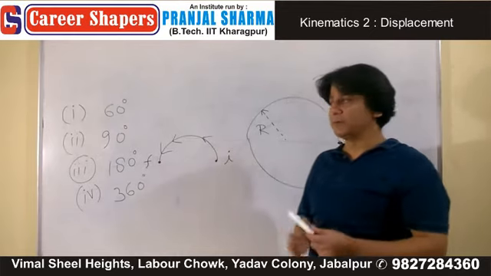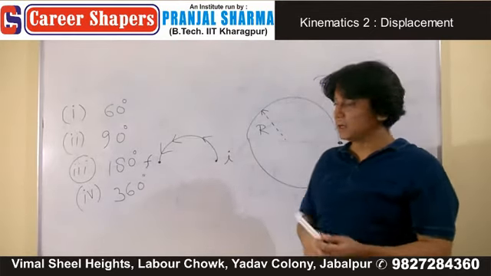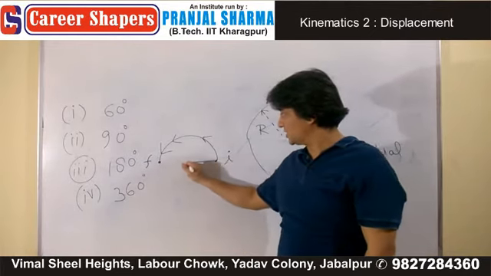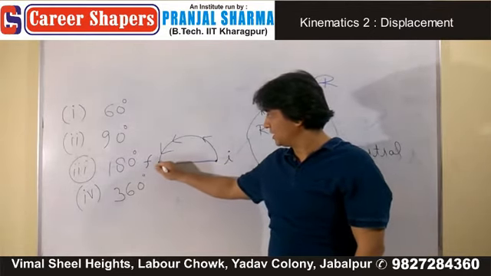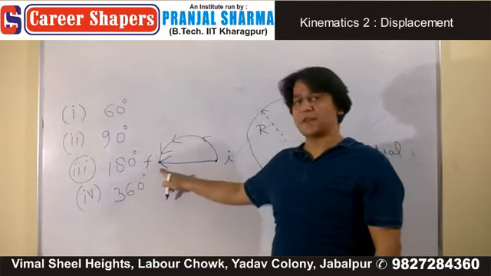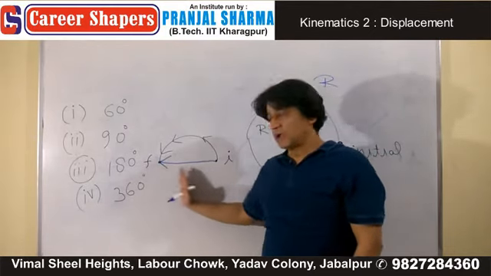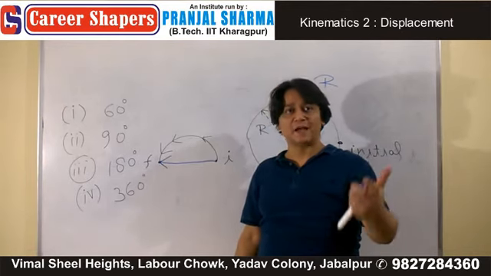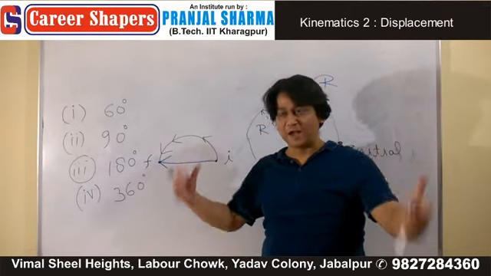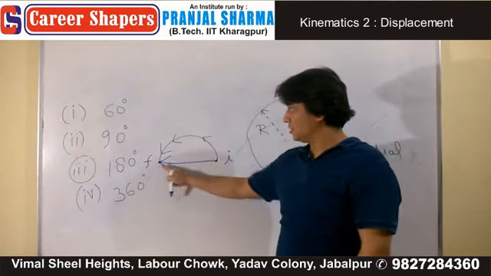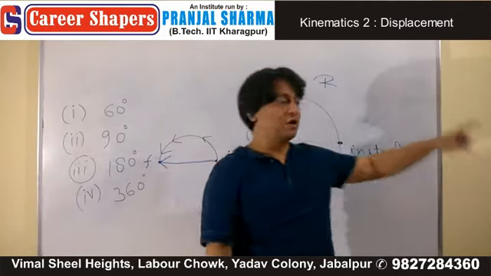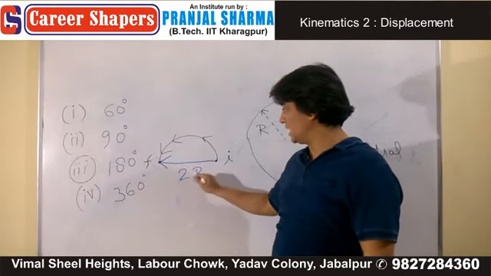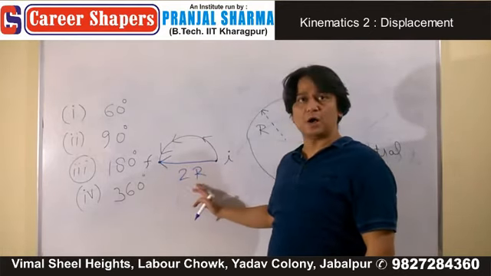We are not interested in path length. We are interested in displacement. What is displacement? Shortest distance between initial and final points. And I told you I need the magnitude of displacement. Magnitude means value, the number. If you have a circle of radius r, I don't think I need to tell you that this much is 2r.